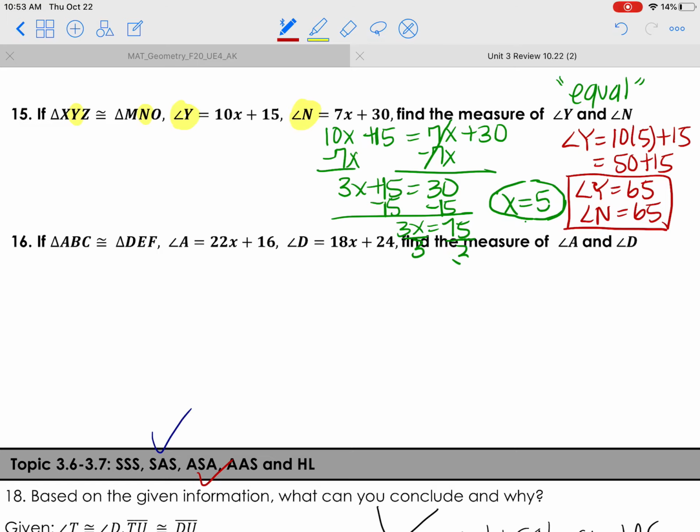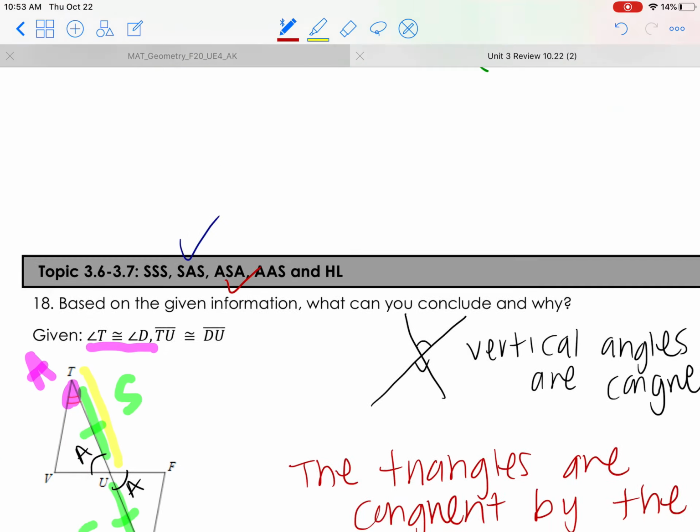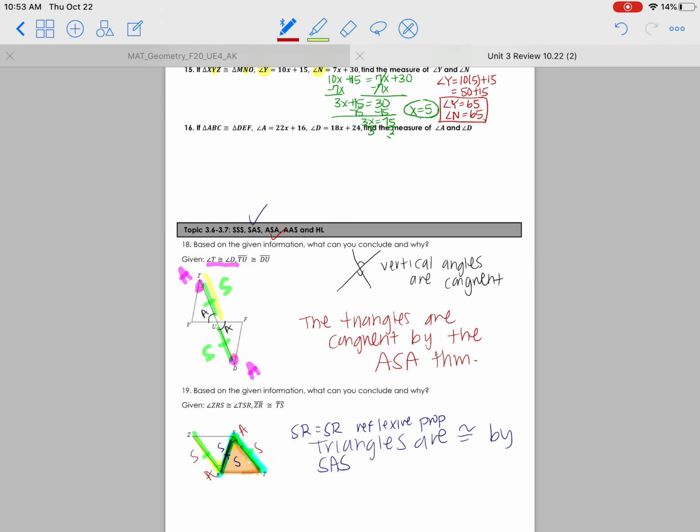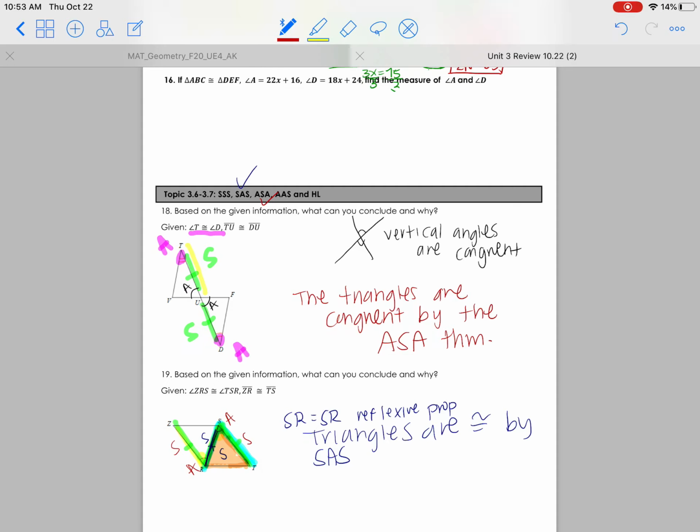So that's it for congruent triangles. Very important that we understand that the congruency statement is going to indicate what parts are going to be corresponding and congruent. Okay? All right, we reviewed this in class earlier. Okay, so just remember that we use these shortcuts to identify when two triangles are congruent.